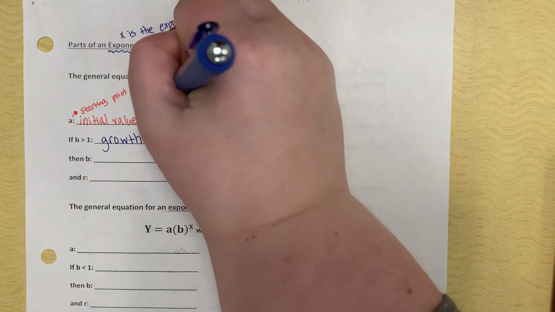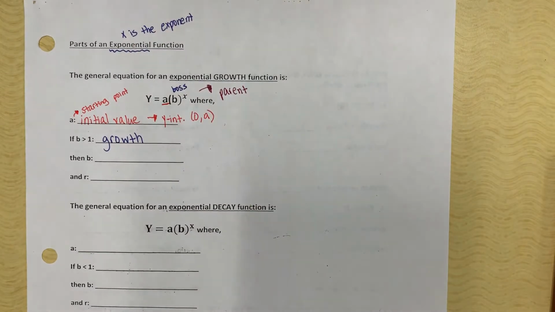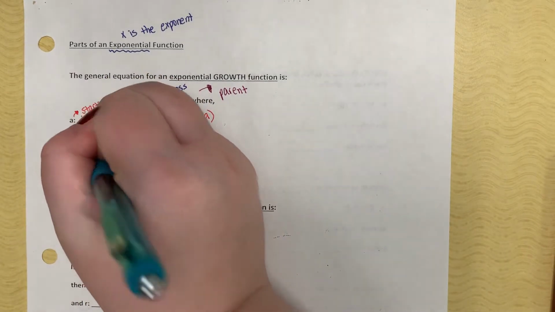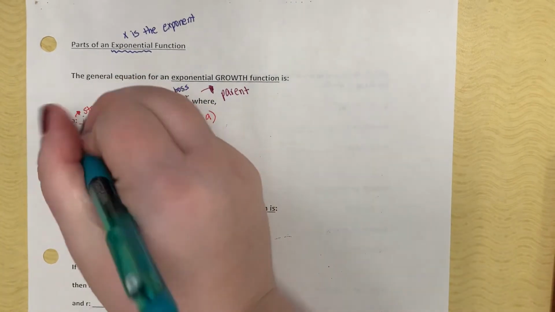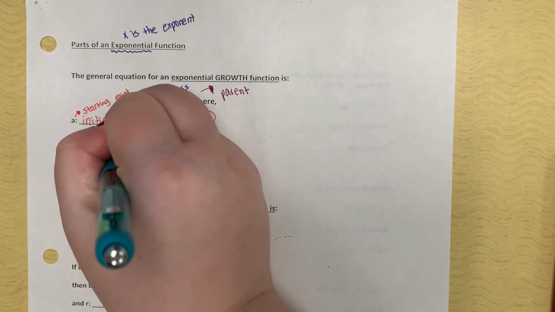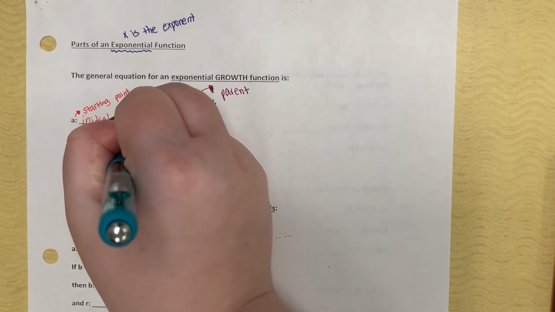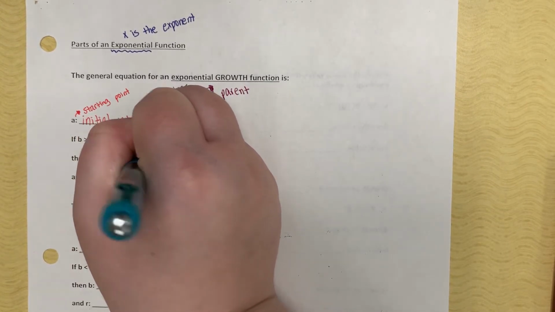Yes, he tells us what to do, whether to grow or decay. We like to call him the boss. All right, then b is always 1 plus the rate. That's right. In order for it to have been greater than 1, we would have to have taken 1, which is the parent function, and added the rate to that.